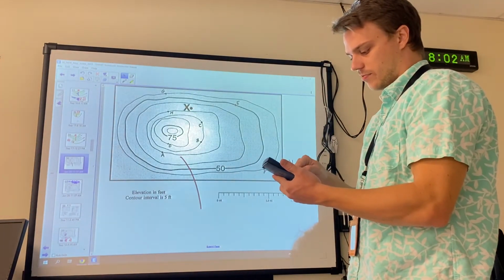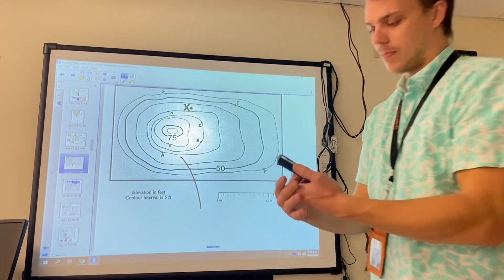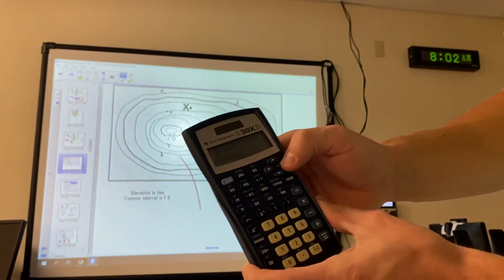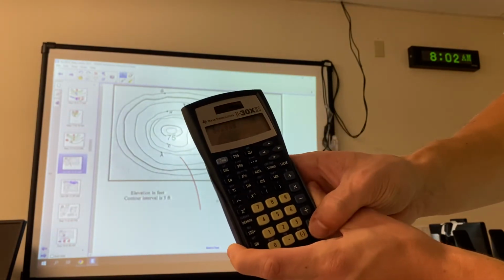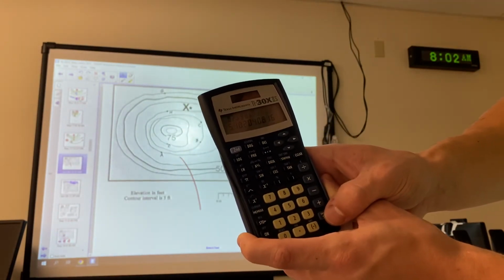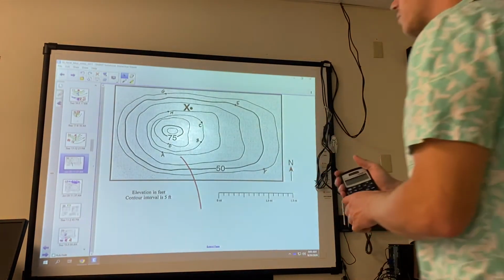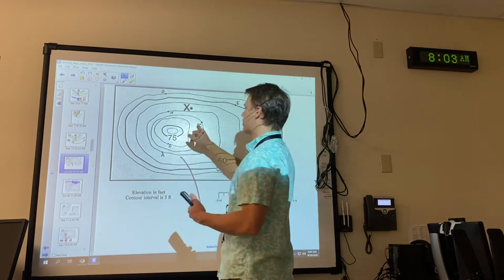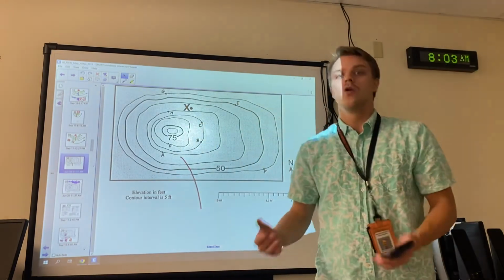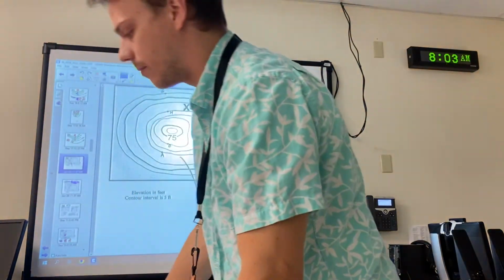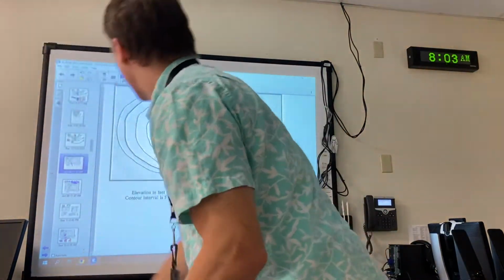And that gives us just about 5.1. So that means every mile we travel between A and C is going to rise just about 5 feet. So let's do another example, maybe a little harder, a little more difficult.